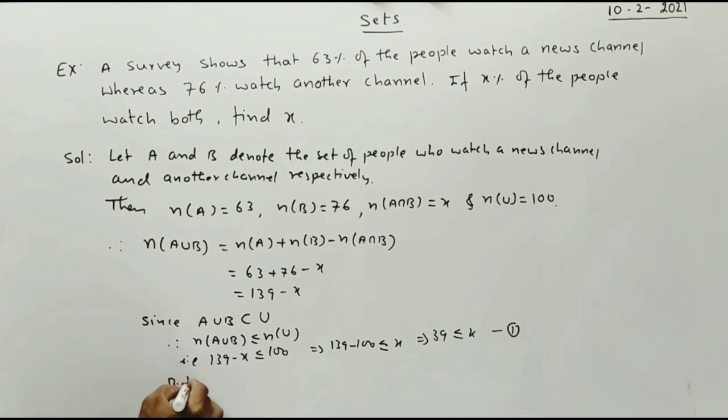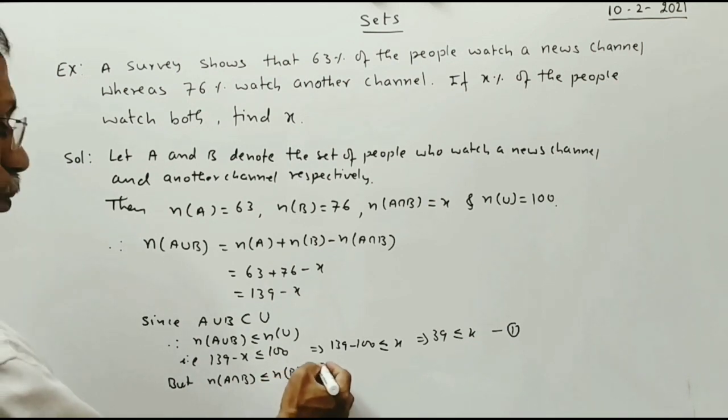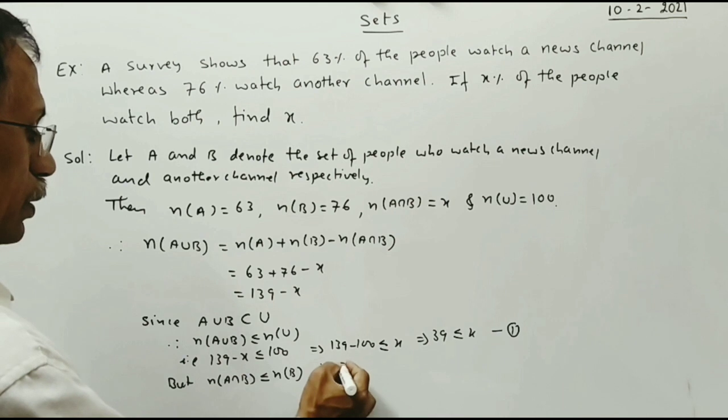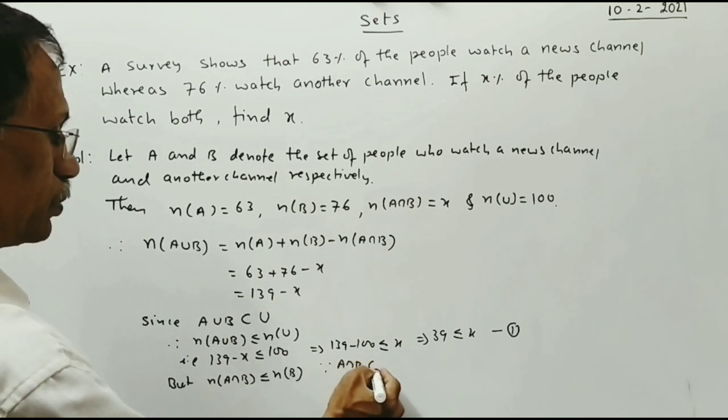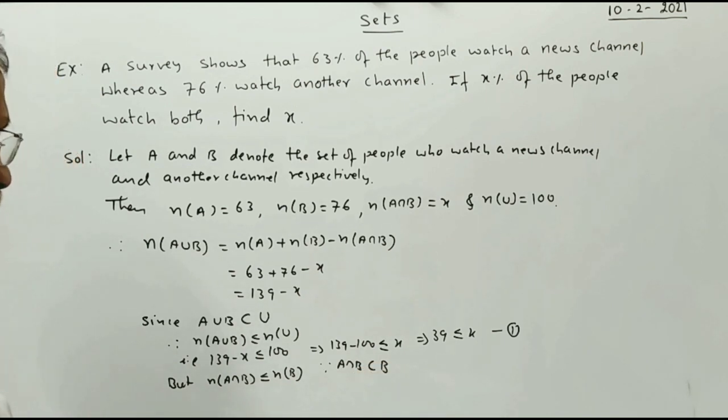But number of elements of A intersection B is less than or equal to number of elements of B, because A intersection B is a subset of B. Therefore, x is less than or equal to 76.